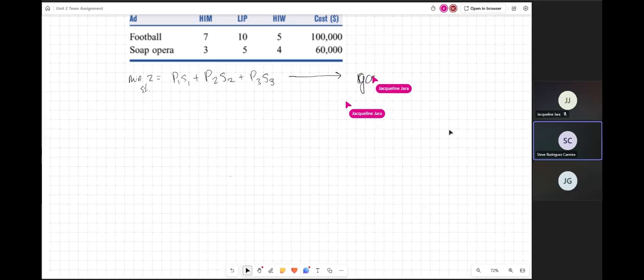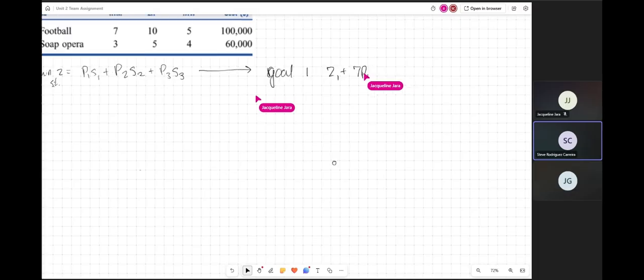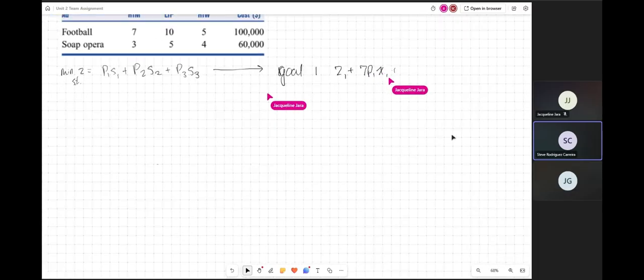We put this as goal 1, and we set it up as z1 plus 7P1 x1 plus 3P1 x2 minus P1 S1 plus equals 40P1, and that would be the HIM goal for the high-income men.